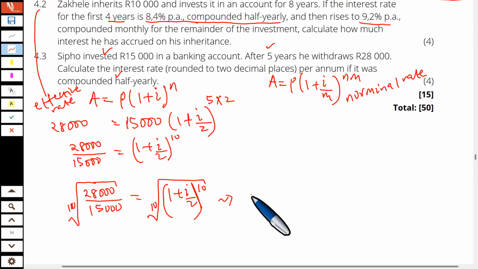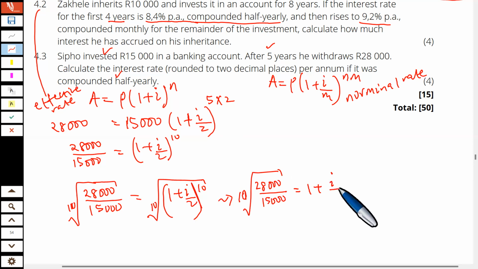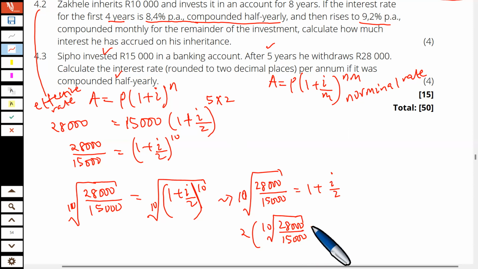So what you're getting here is that you have the 10th root of 28,000 over 15,000 equals 1 plus i over 2. Which means you have 2 into the 10th root of 28,000 divided by 15,000, minus 1, equals i.